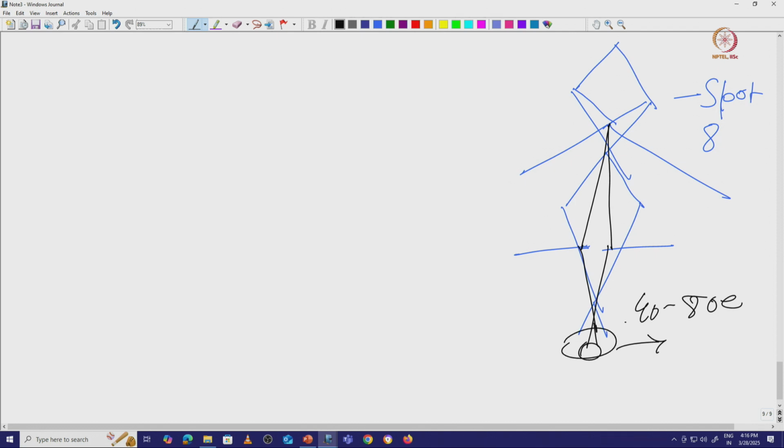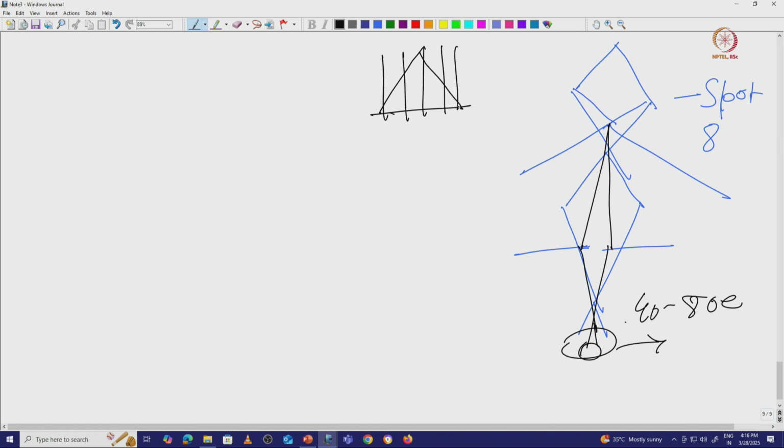But one more thing you have to keep in mind, which I discussed last class. If there is a sample and electron beams are going, we really don't want the electron beam to fall on our sample like this. It should always be parallel.